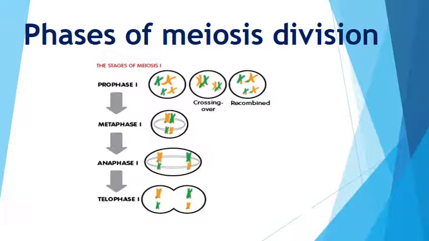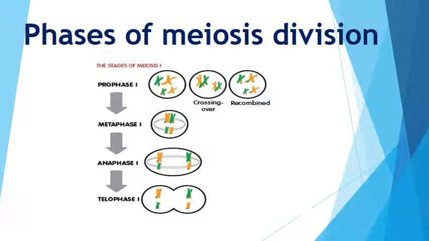The last phase is telophase 1, and this is called the adverse phase for the prophase. Can you remember? Yes. What happens in telophase 1? The spindle fiber disappears, as you see. Formation of two groups or two nuclei.